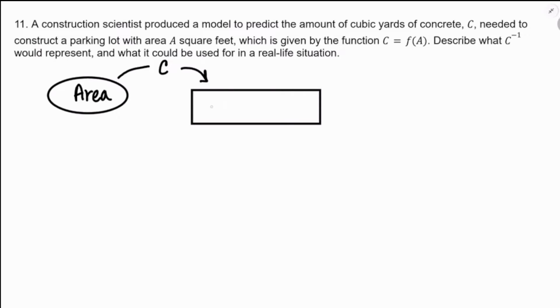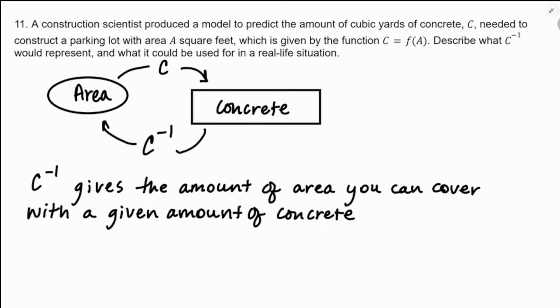So amount of concrete. I'll just write concrete. So C inverse would go the other way, and it would take in an amount of concrete and tell you how much area you could cover. So I had to pause and think about what it could be used for in a real life situation, but I think I came up with a pretty good one.